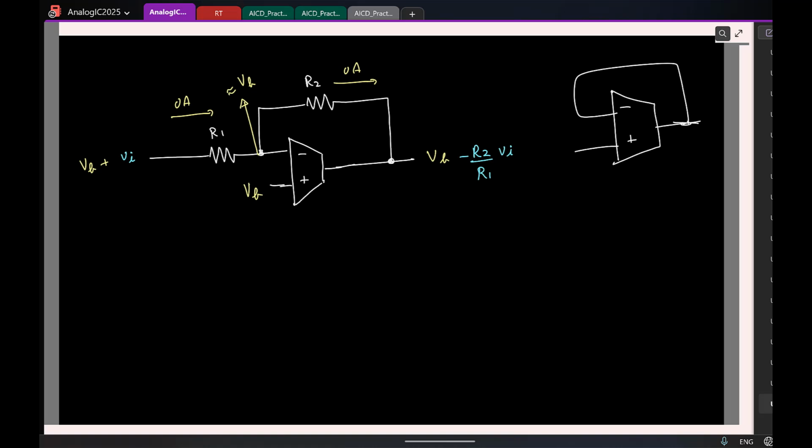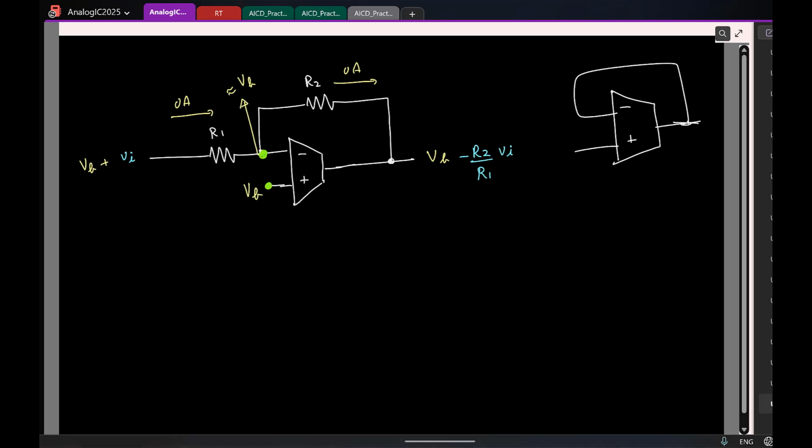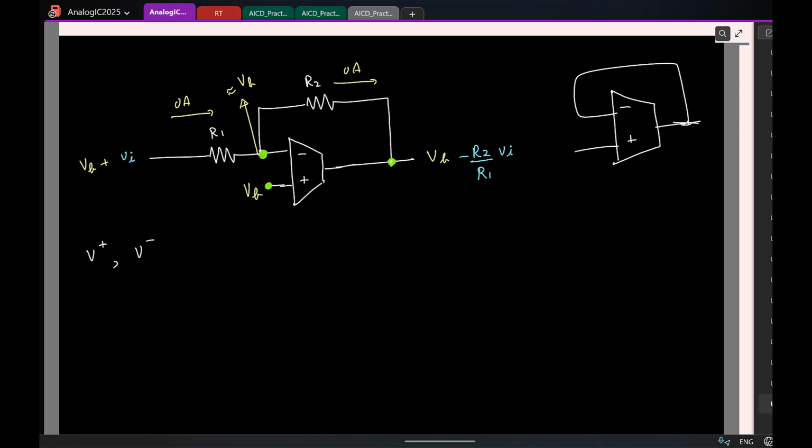So instead of specifying the ranges on the bias and the input directly, what is done is the following. We specify the maximum and minimum you can apply at the input and the output. You specify, hey, my op amp can take a range of voltages for my non-inverting terminal, a range of voltages for my inverting terminal, and this range of voltages at the output. Only then will all the transistors be in saturation. The moment you specify these ranges, depending on your circuit, you can easily calculate.